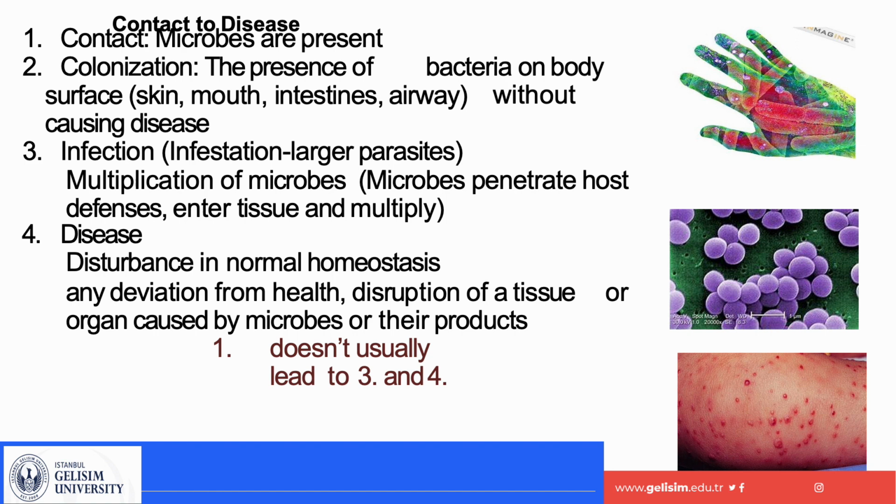This is usually followed by the development of a disease, which is the disruption in normal homeostasis or any deviation from health that's caused by microbes or their products. It's also important to note that infection and colonization don't always lead to the development of a disease.